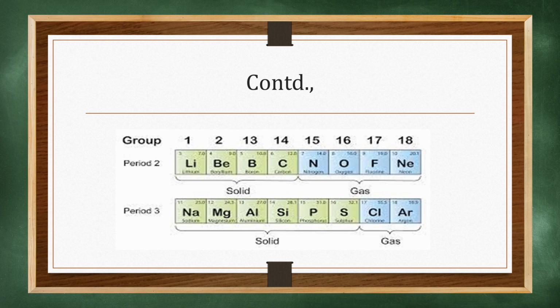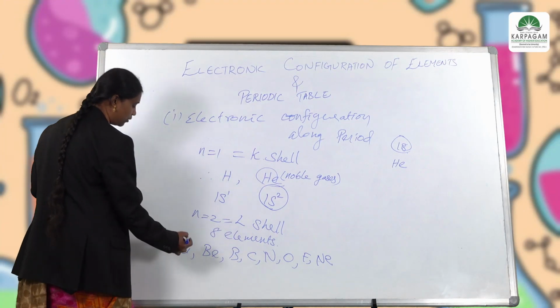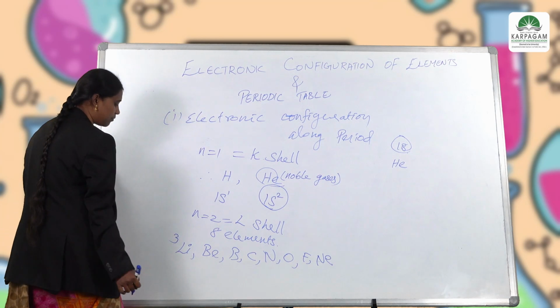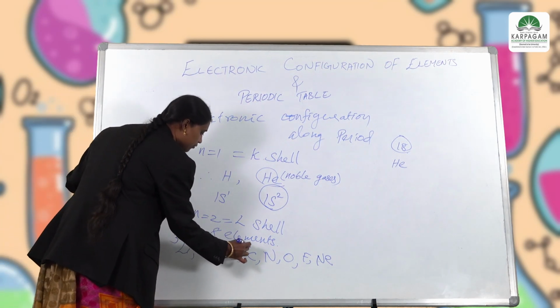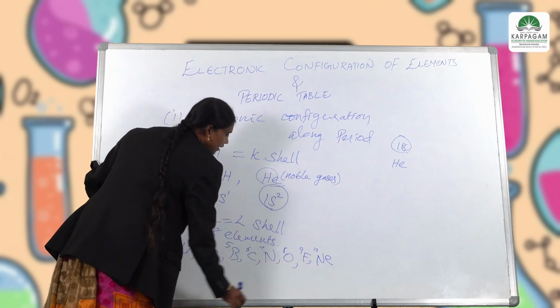These are the n equal to 2, period 2 elements. Starting with lithium, the atomic number is 3, and beryllium's atomic number is 4. Then 5, 6, 7, 8, 9, 10.